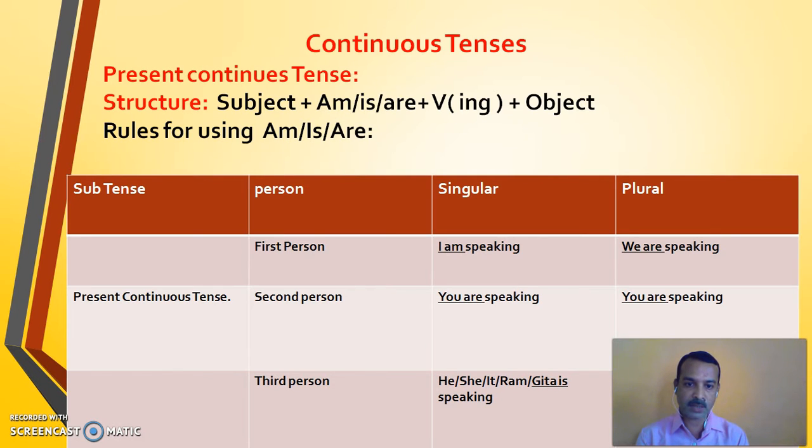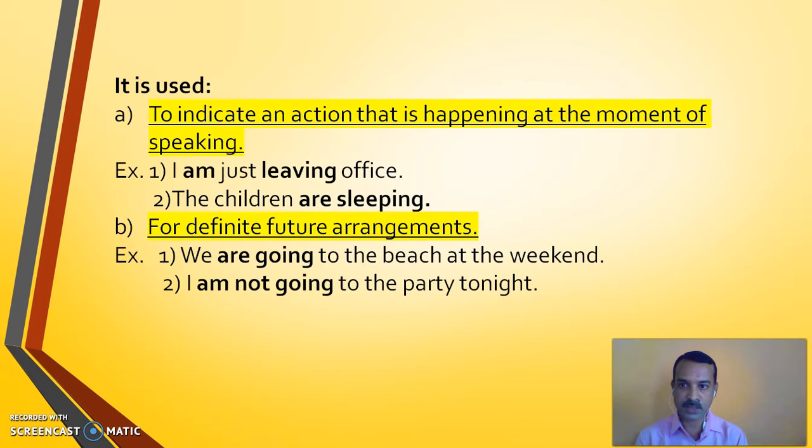In the third person singular, we write he, she, it, Ram or Gita is speaking, and in the plural sense we write they are speaking. This is the structure of present continuous tense.